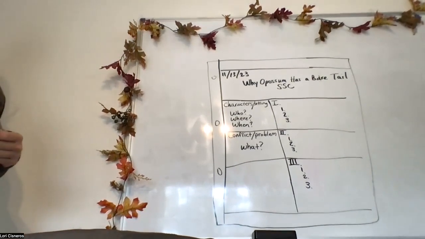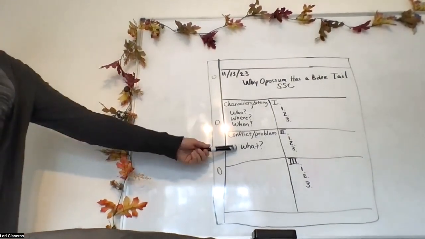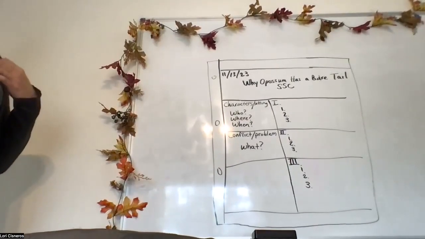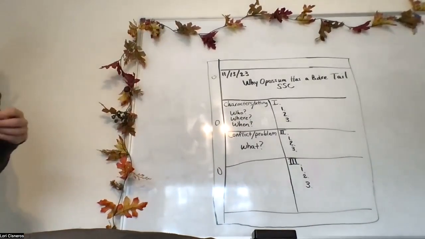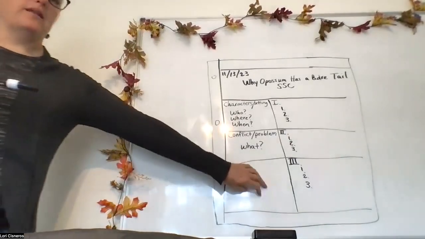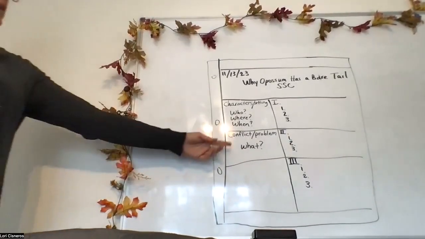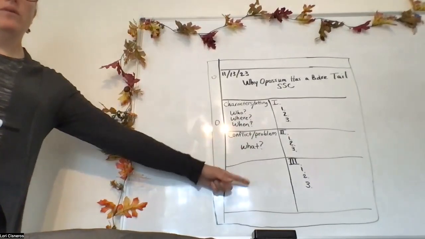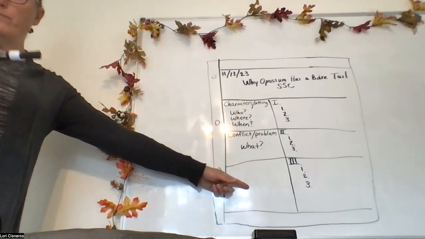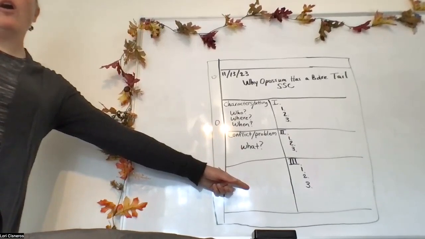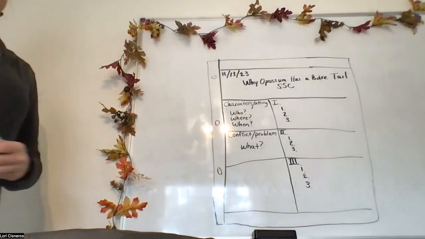Don't forget to put the word what there. What happens? What did we talk about last in a story? We have an end. What did we talk about, that we have a problem? How it was solved. Solved. There you go. There's two words.